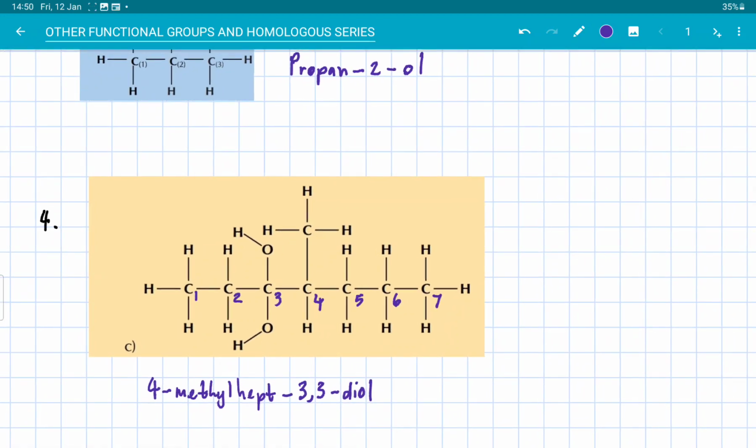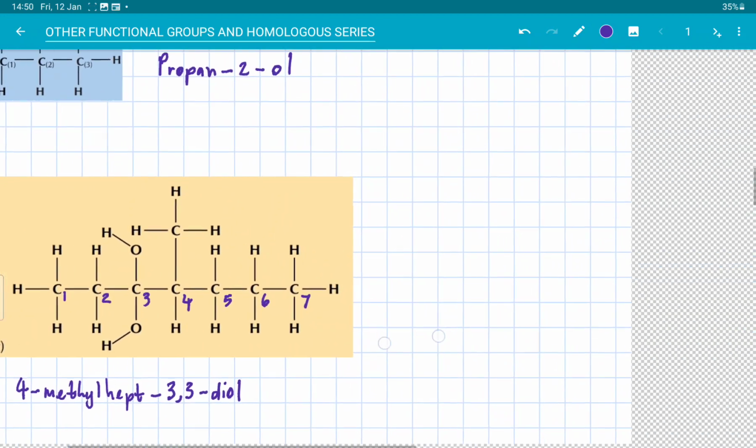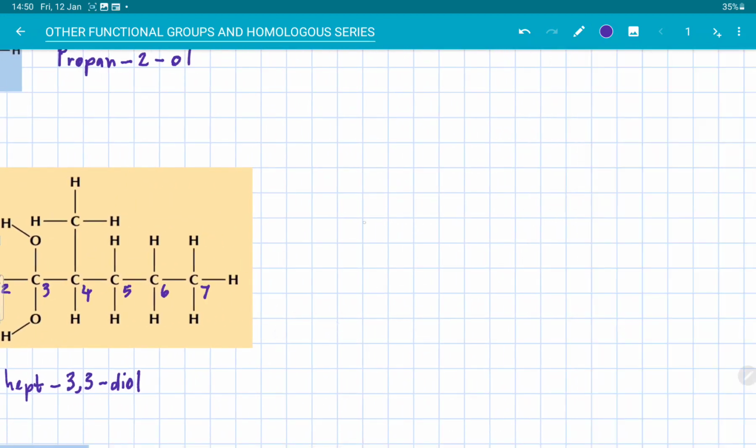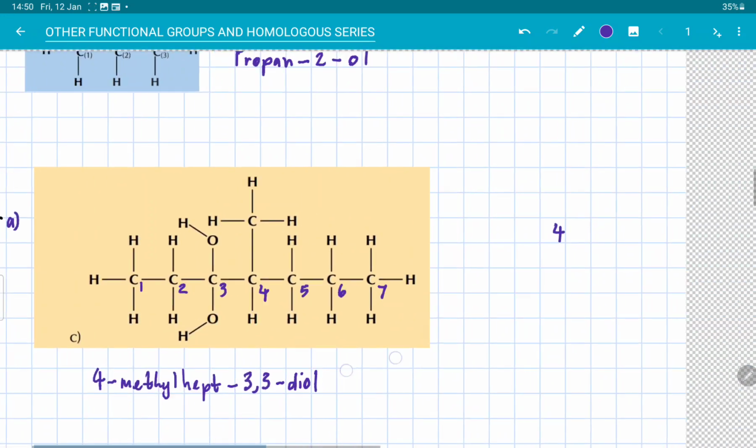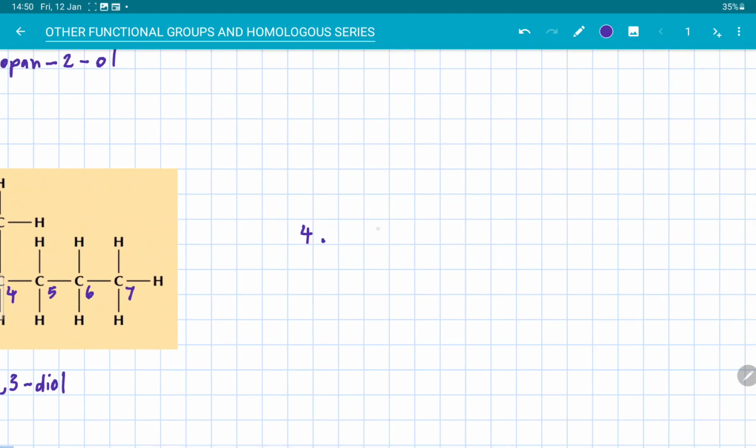Before that, I want to add an extra example here. Let's call this example 4B.